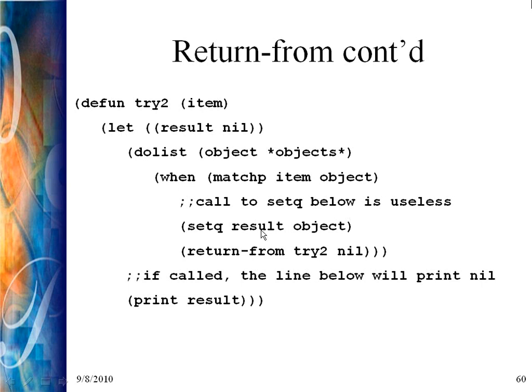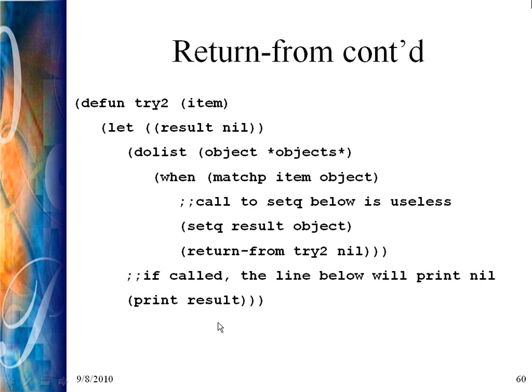Yes, this one's interesting because if there's a match, it sets result to object and then returns from the entire function. The return from the entire function means that the value of result is lost.